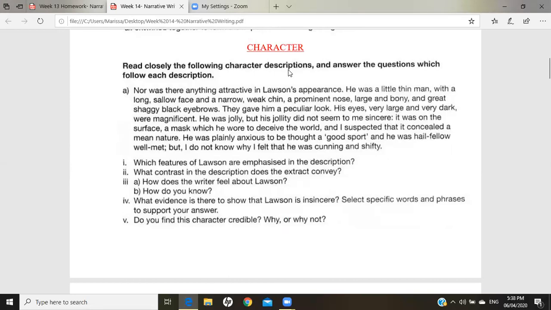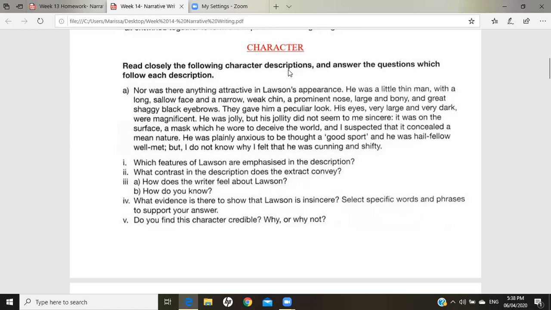Uh-huh. Anything else? So if you're describing a character, you will only describe the character on the outside? Personality. Yes, you could even describe them on the inside, right? So you could even give the reader a sense of who they are in terms of their qualities and their personality. Good.